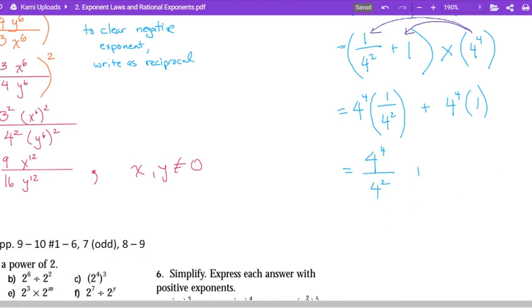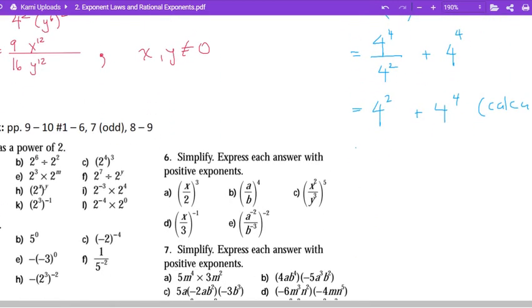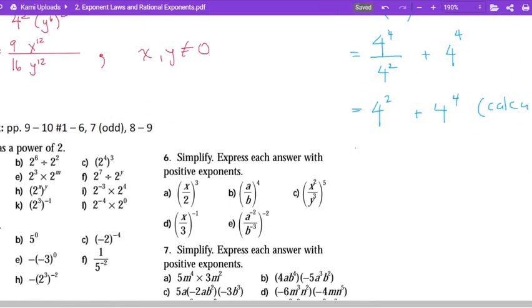I know how to simplify that. Plus 4 to the power of 4. So if I have a quotient, I'll subtract the exponents. So 4 squared plus 4 to the power of 4. And then at this point, we calculate. Okay? Folks, I'll finish this one example in the video for tomorrow.